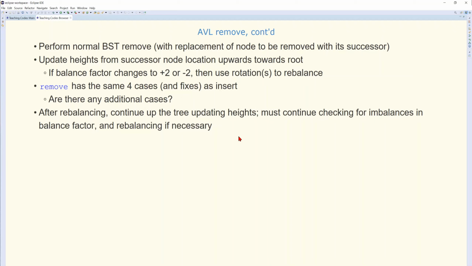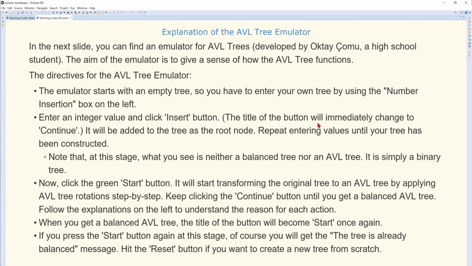The remove also has 4 cases, and after rebalancing, you continue to the upper layers, but you should always recalculate the balance factors. Don't forget, after rotation, the balance factors will have changed on that path only, from there towards the root, not the rest of the tree. But for those nodes, you have to recalculate the balances.